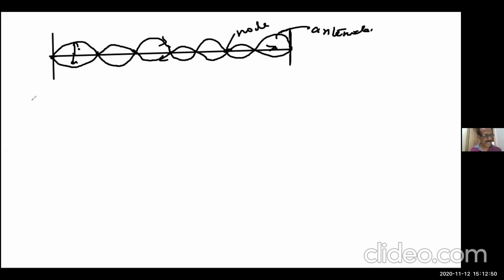Next line. Let us consider a progressive wave. This one, I'm talking about the first one.